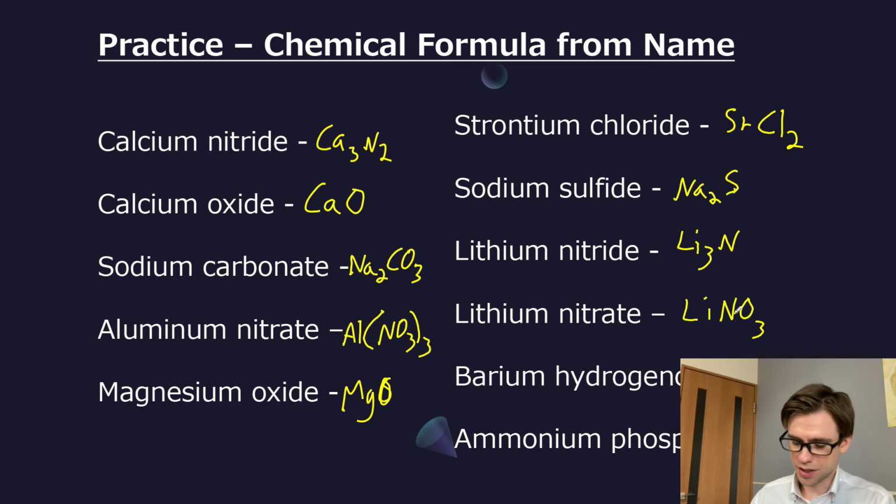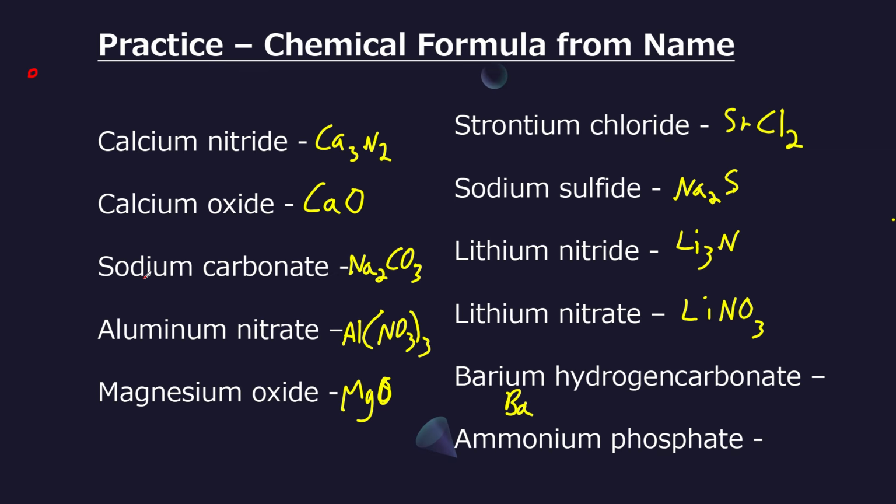Barium hydrogen carbonate, long name. Barium will go 2 plus, I think. That's in group 2, alkaline earth metal. Hydrogen carbonate has a charge in between carbonate and carbonic acid, so it's going to be 1 minus. So we're going to need 2 of that, actually. Again, in brackets, we need this time.